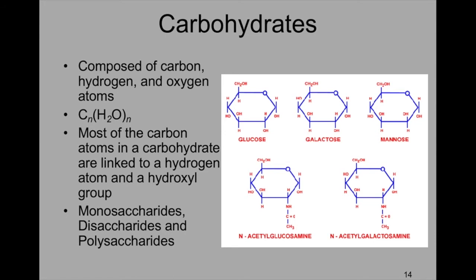As a monosaccharide, multiple hundreds or thousands of glucose molecules can be bound together to create a polysaccharide. And that would make glucose the monomer unit. That glucose as a monosaccharide is the monomer unit of carbohydrates. Galactose is a monomer unit of disaccharides and polysaccharides.